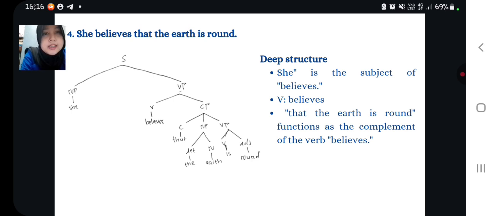Verb phrase contains verb, and verb is believes, and complementizer, complement that, and noun phrase contains determiner and noun, determiner the, noun earth, and then verb phrase. There are verb is and adjective round. And the deep structure, she is the subject of belief. Verb believes that the earth is round functions as the complement of the verb believe.